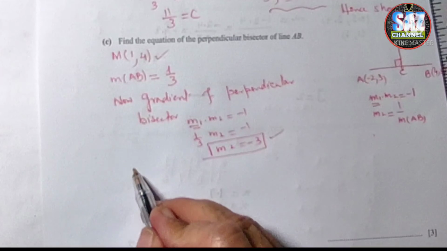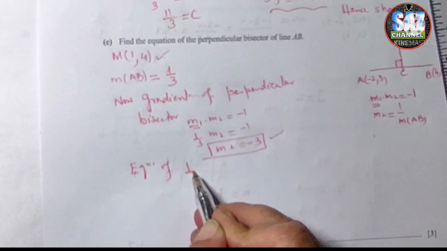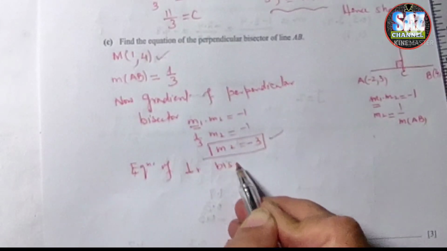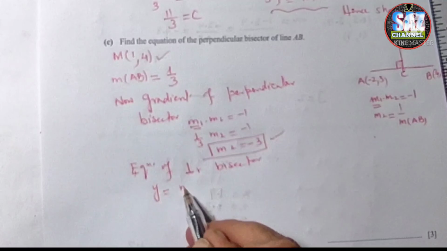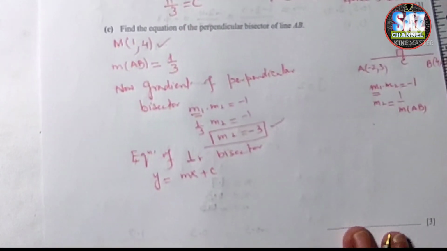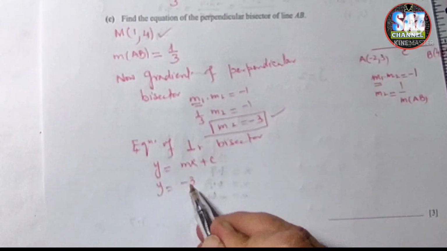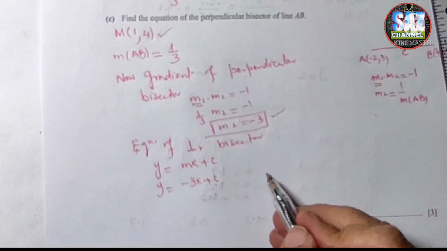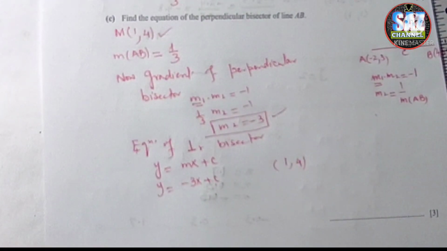Equation of the perpendicular bisector: y equals mx plus c. Okay, now m is -3, so y equals -3x plus c. And in order to find the value of c, we have to make use of the midpoint.